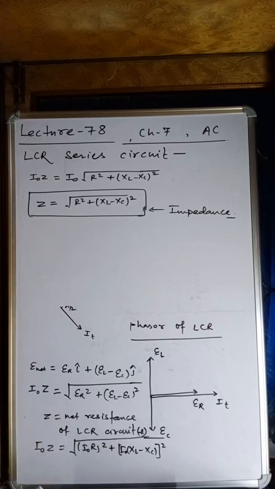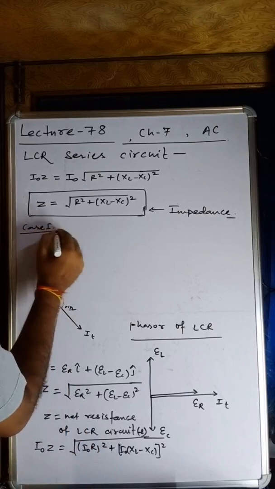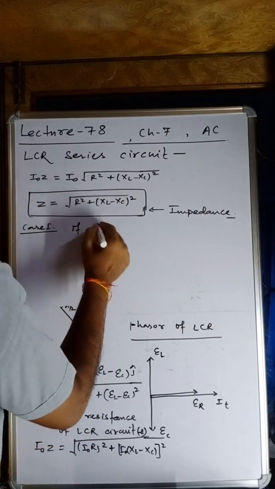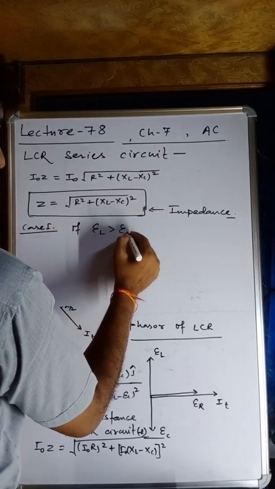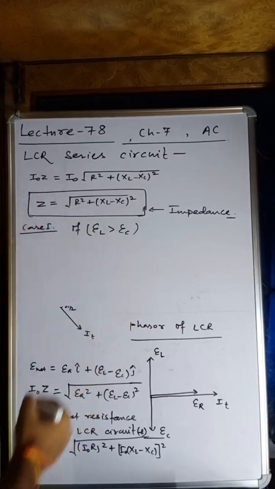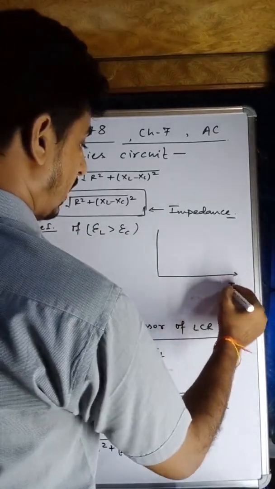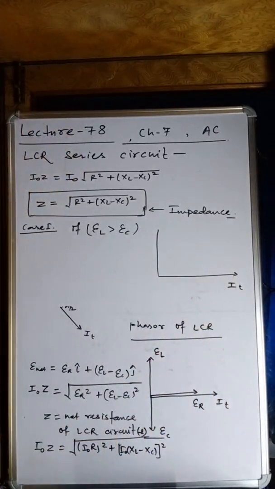Now we obtain the net voltage for the different cases. Case 1: suppose the voltage across the inductor is greater than the voltage across the capacitor, then the phasor diagram looks like this one. This is I, and EL minus EC.